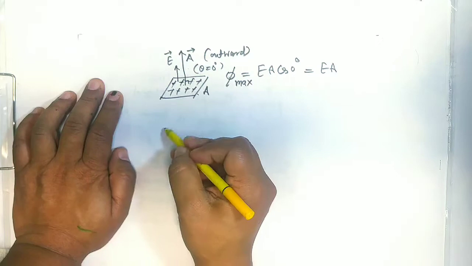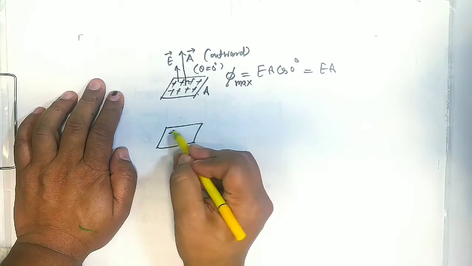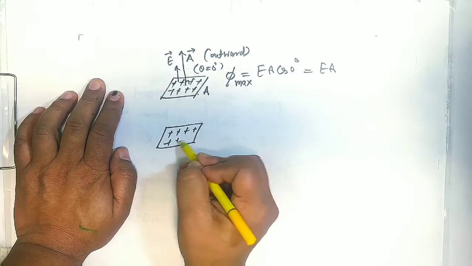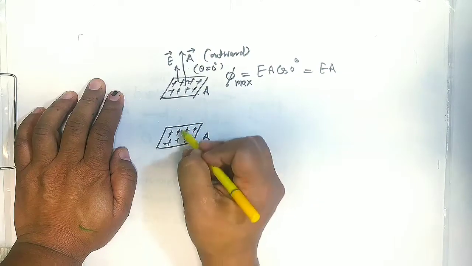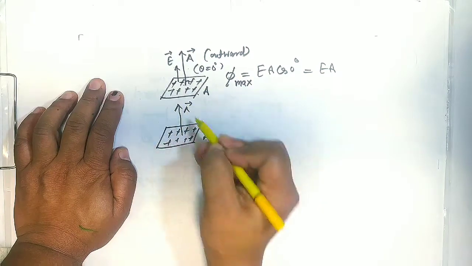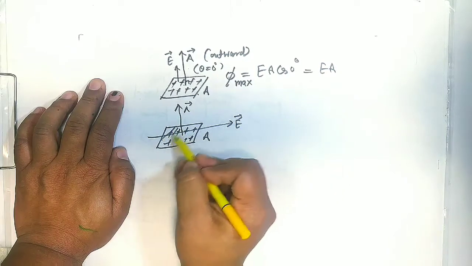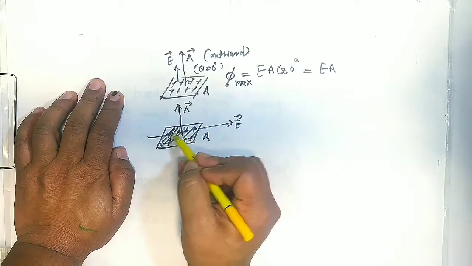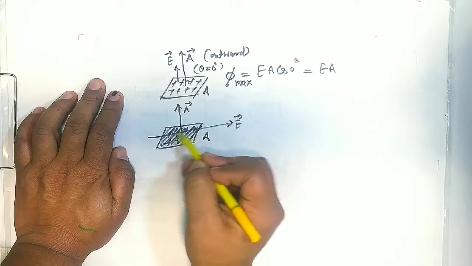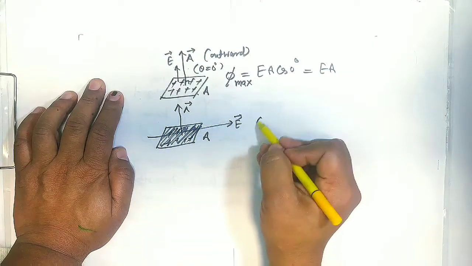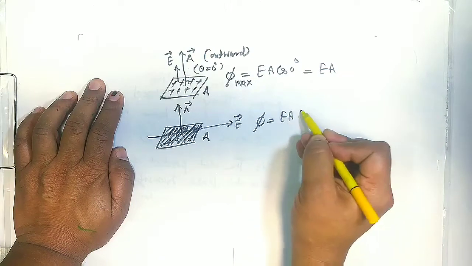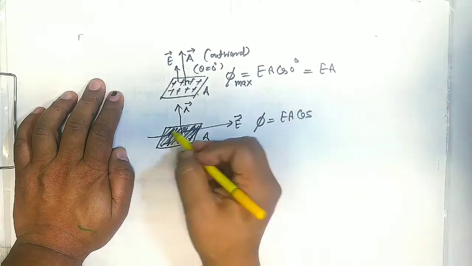Now if I say that this is the charged surface, where is the area vector? Normal to this. But if the electric field lines are passing like this on any surface, say it's not a charged surface, it's a simple surface, and electric field lines are coming, so we can say EA cos what? 90.